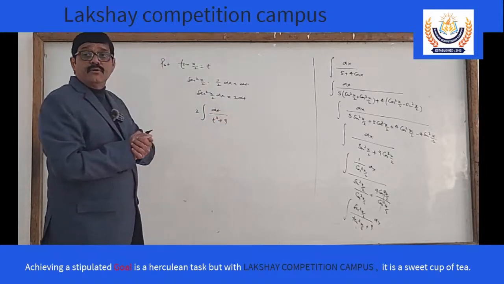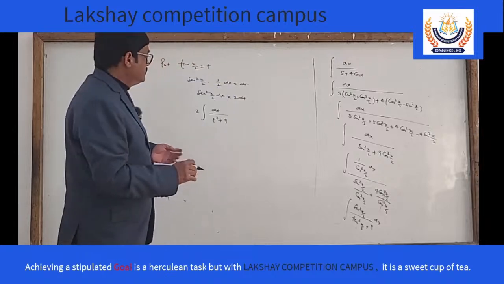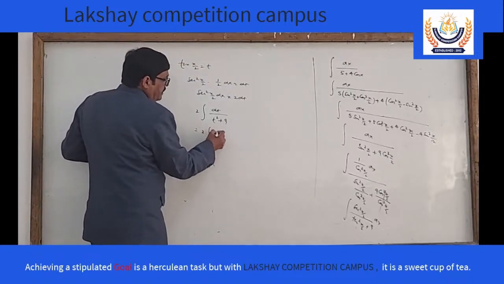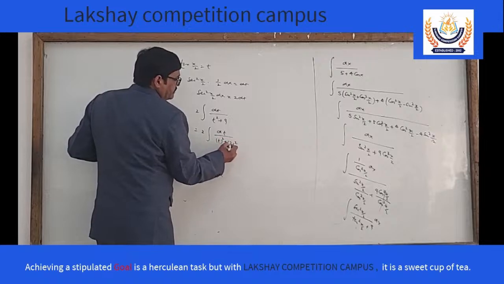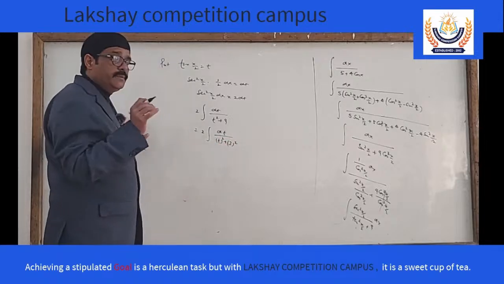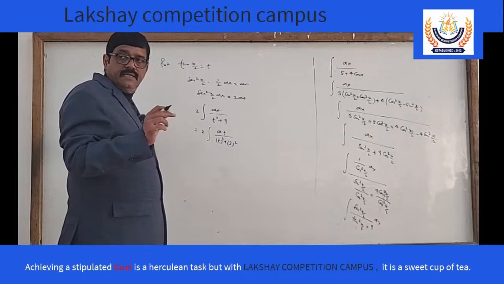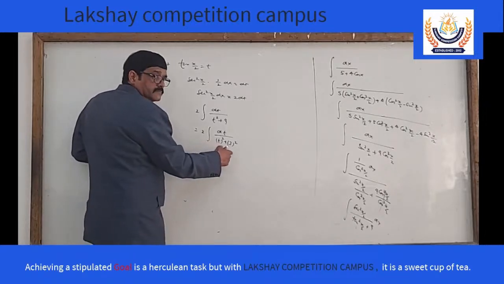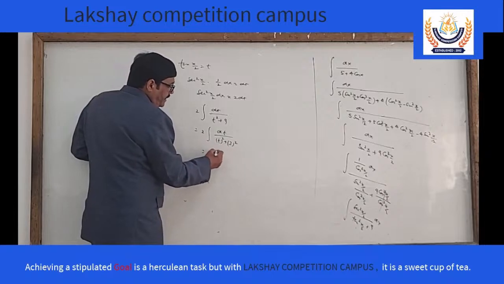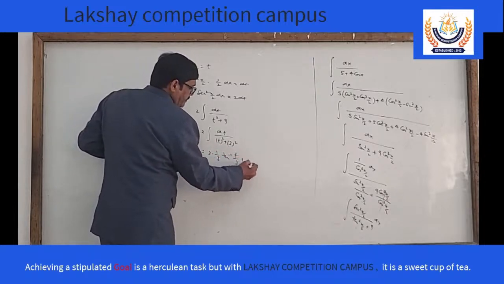Now it becomes the form of what formula do we find? dt upon t square plus 3 square, that is dx upon x square plus a square. What is the integration? dx upon x square plus a square is 1 by a tan inverse x upon a.